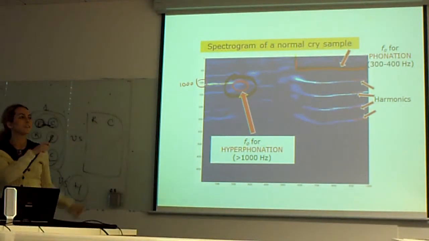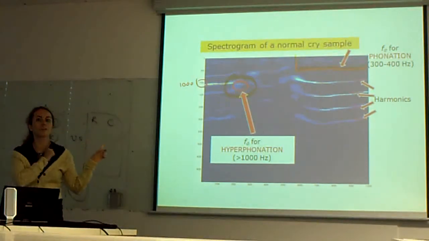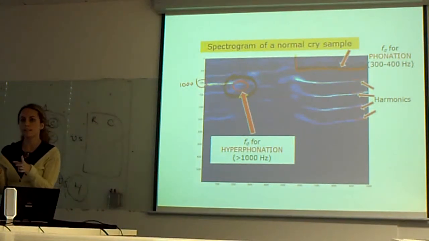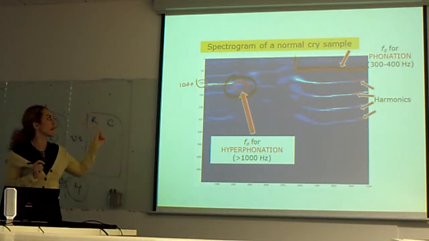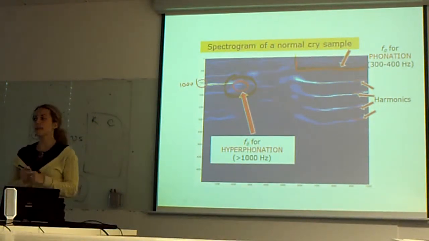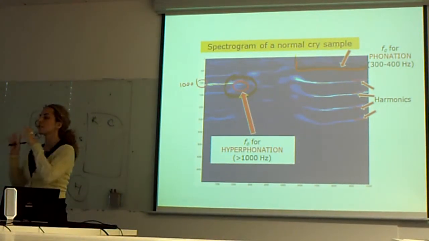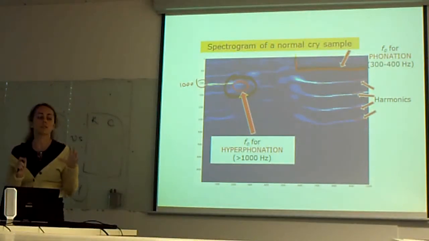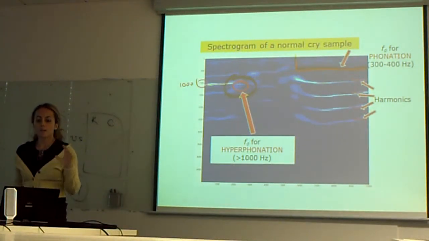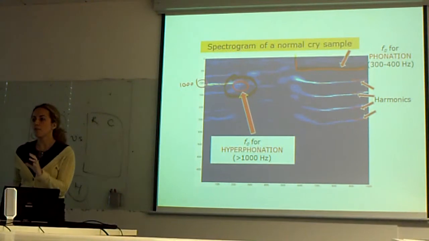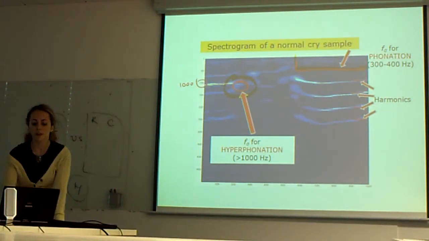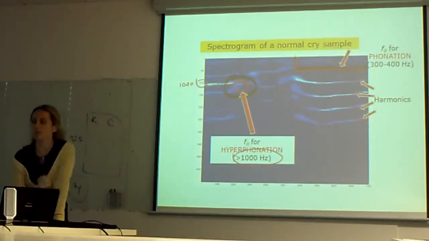And these are the most crucial parts for recognizing abnormalities, because as you can see later on, the hyperphonation parts of the cry speech are the most discriminative parts. So we still have a lot of problems with extracting pitch higher than 1000 hertz.